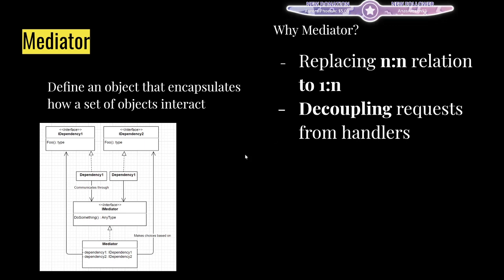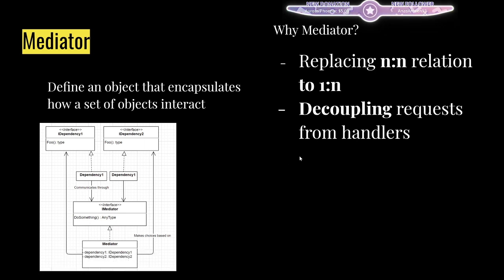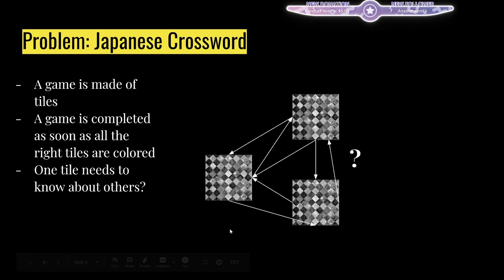So when you have a many-to-many problem, use mediator. Put something in between, centralize stuff, and it will no longer be many-to-many. And if your classes start exploding with dependencies, try to put something in between. Delegate those responsibilities to something else, and it will be a solution to the problem for now.